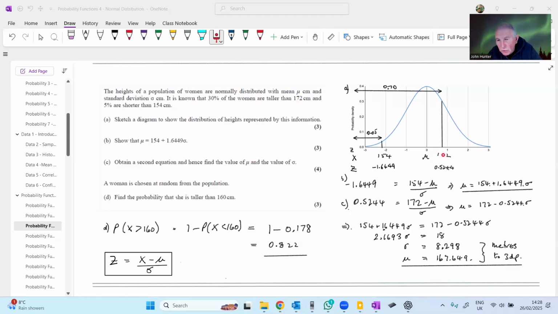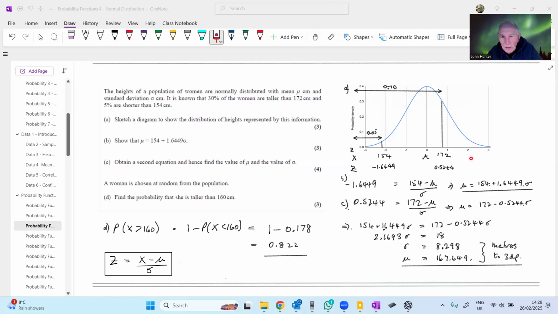So here's our 172 on this curve here. We know it's over here to the right. We don't know exactly where at the moment, but we just put it in here for the sake of argument. So this area here is 30%, and therefore the rest under here is going to be 70%. Okay.